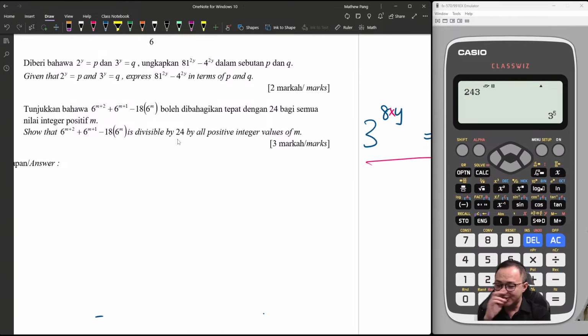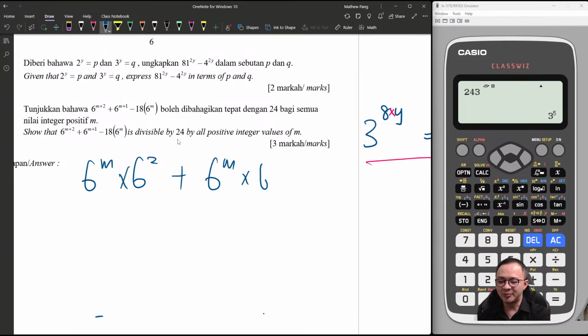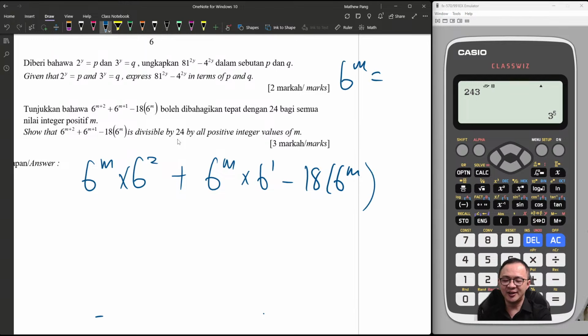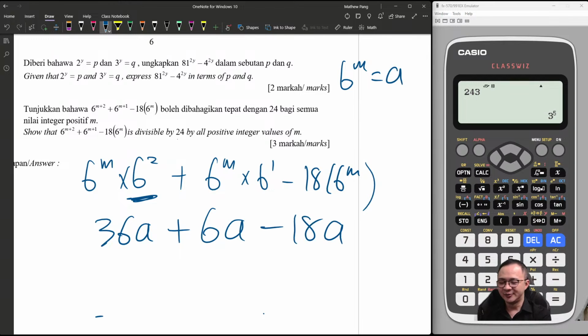Okay, so let's do the first one. 6 power m plus 2 is multiply, 6 power m multiply 6 power of 2, plus 6 power m plus 1 is 6 power m multiply 6 power 1, minus 18 times 6 power m. Okay, you just imagine 6 power m is an apple. So now I have 36 apples plus 6 apples minus 18 apples.